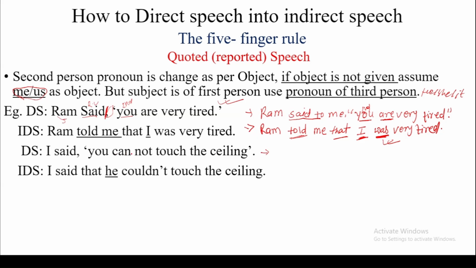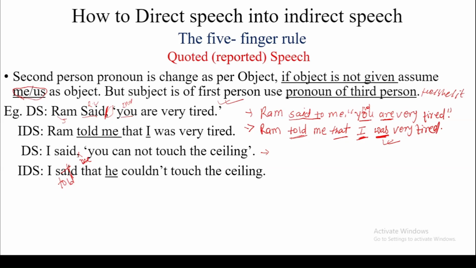Okay, now look at another example. He said, "You cannot touch the ceiling." If we assume me as the object, let's see whether it suits or we have to use another object. "I said" won't be there, there will be "I told me".